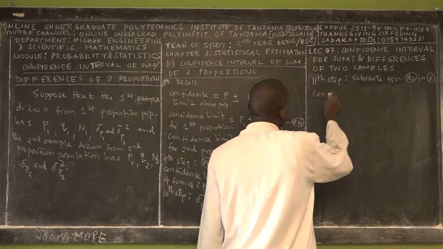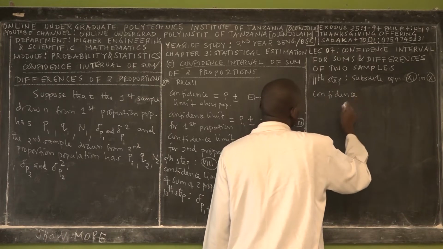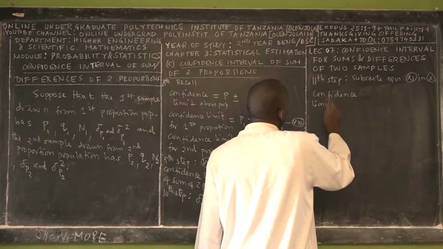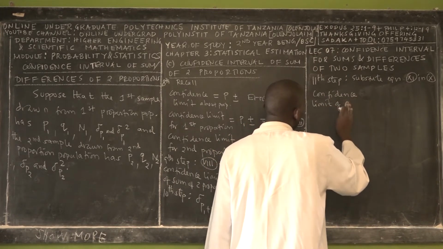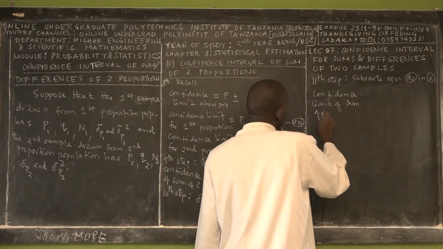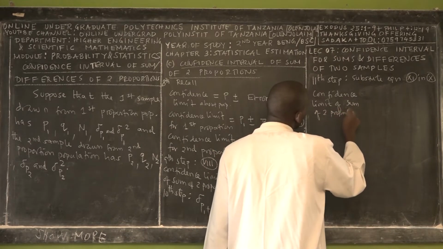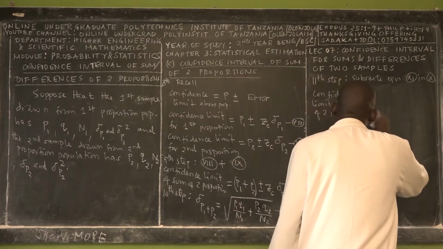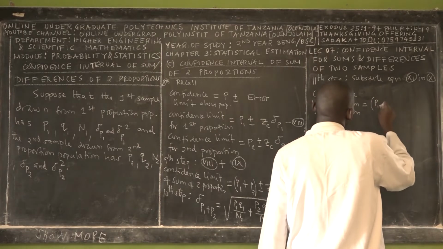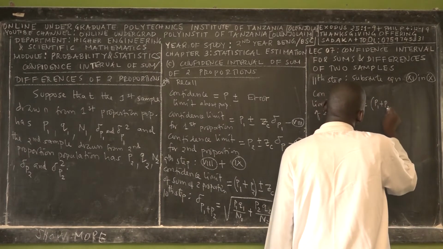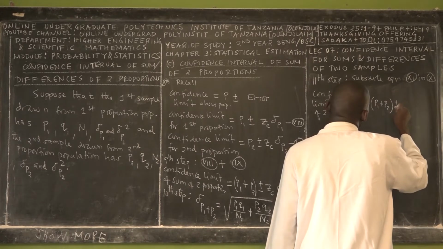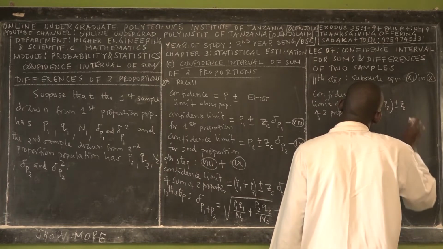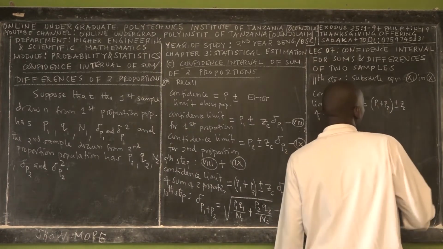So confidence limit of sum of two proportions is equal to probability of success 1 plus probability of success 2 plus or minus the critical value, which is C, and then this is what?